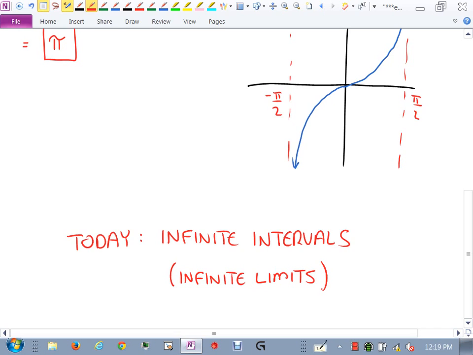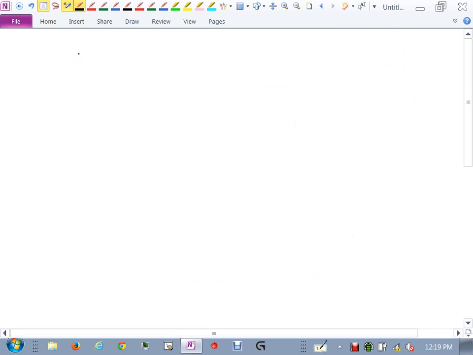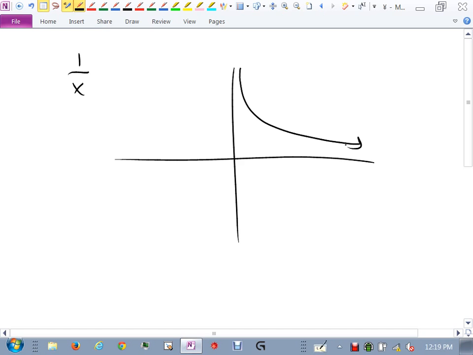Next class, that doesn't mean I'm done, but next class we'll look at functions that don't go to infinity in each direction, but we're going to look at trying to find the area under a function that has a vertical asymptote in it. And think about even 1 over x again. This is what 1 over x looks like. Right? What if now I wanted to find the integral from 0 to 1?